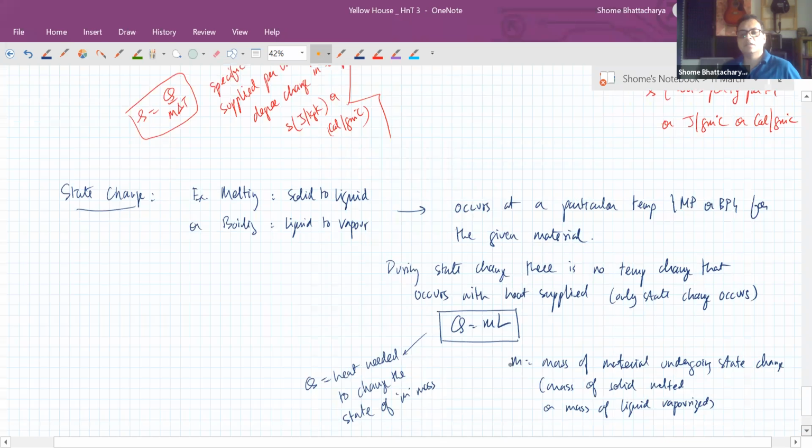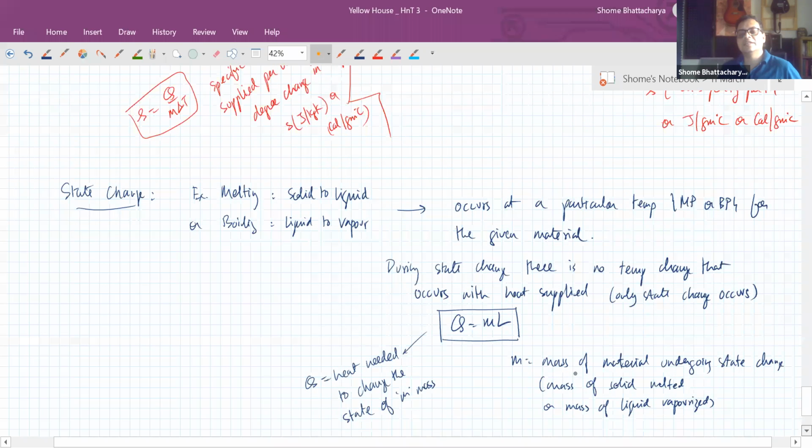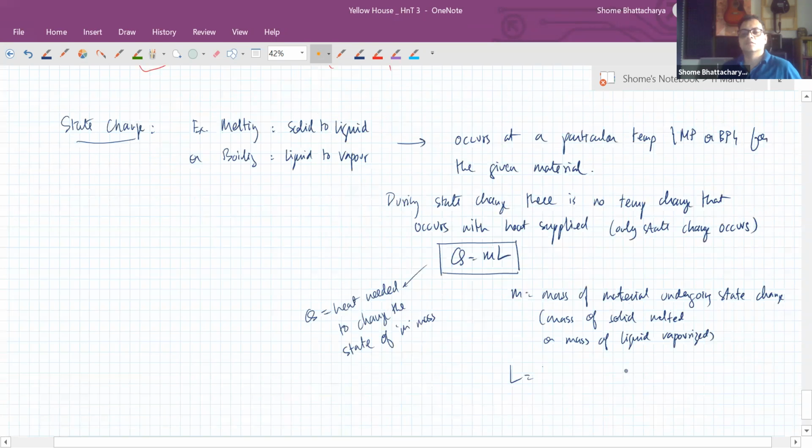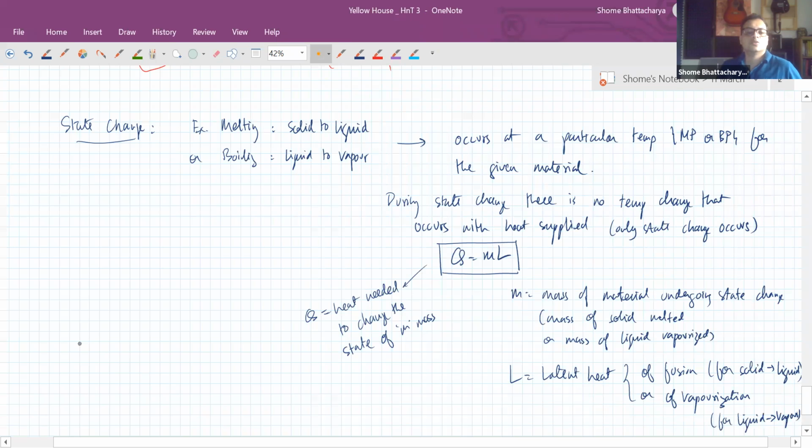And the quantity capital L is called latent heat of fusion or of vaporization, for solid to liquid, or liquid to vapor. So L is equal to Q by M.